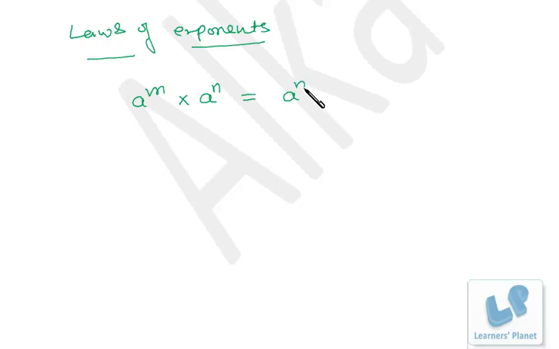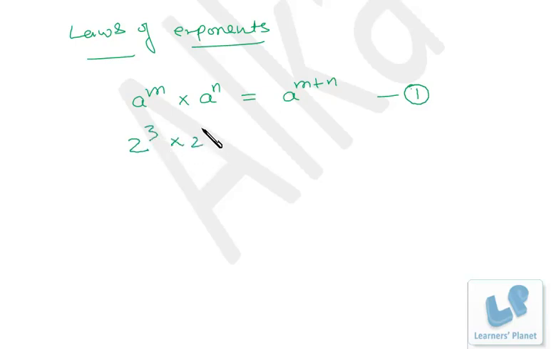The expression can be written as a raised to m plus n. That is the first law, right? If two numbers are multiplied, the numbers should be same. Here it's a and here also it's a. So if a raised to m and a raised to n are multiplied, finally it will be a raised to m plus n.